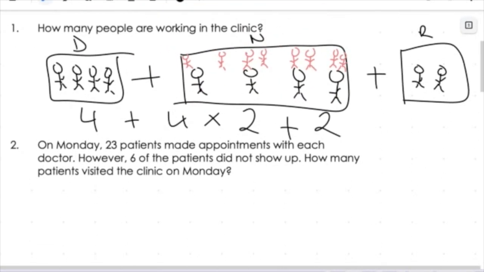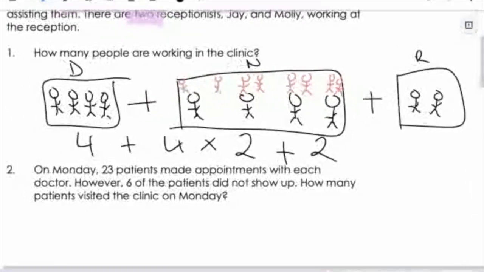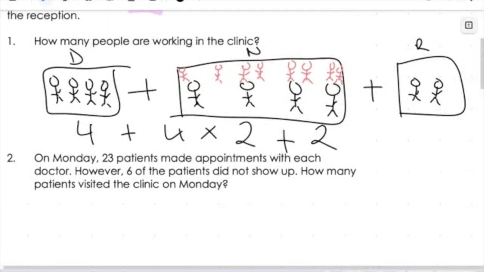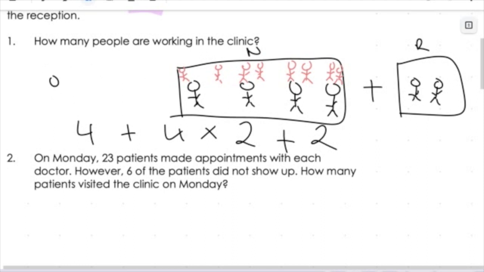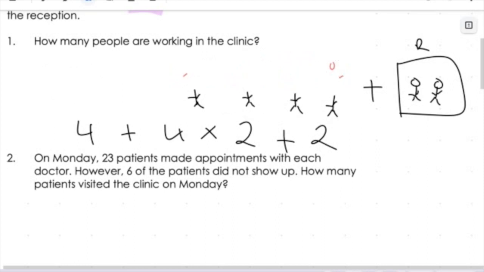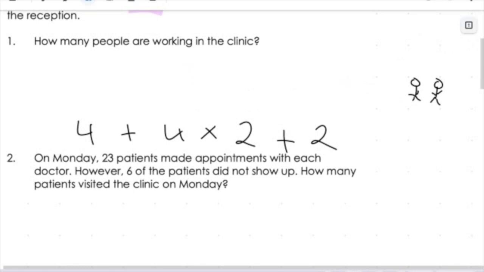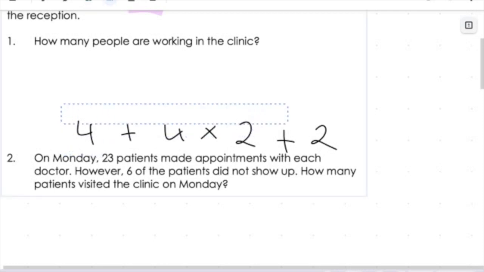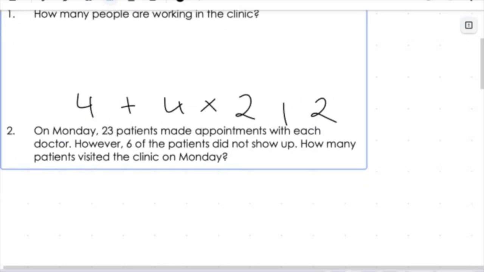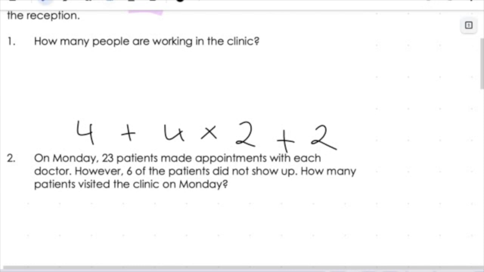So let's actually rub this top bit out. So I'm going to be left with just my mathematical expression that I want to solve. So here we're going to apply what we know about our order of operations. So I have this thing here, 4 plus 4 times 2 plus 2.